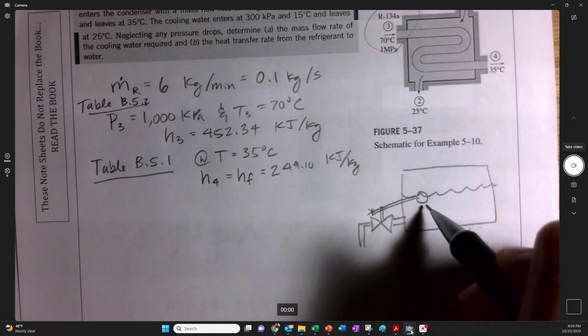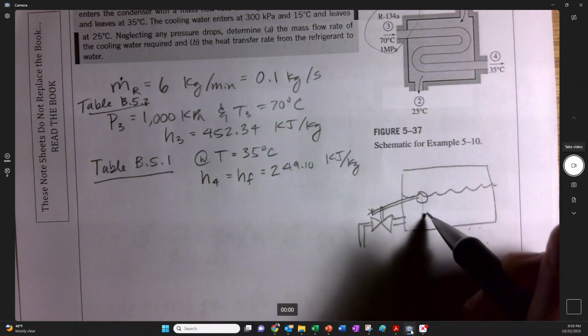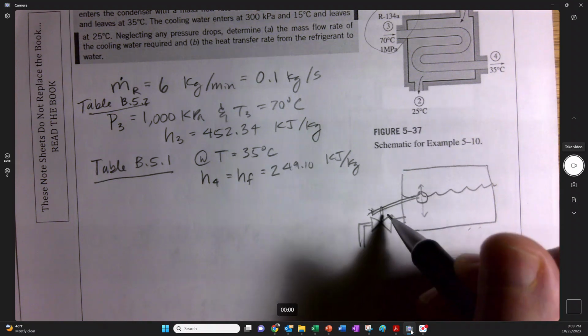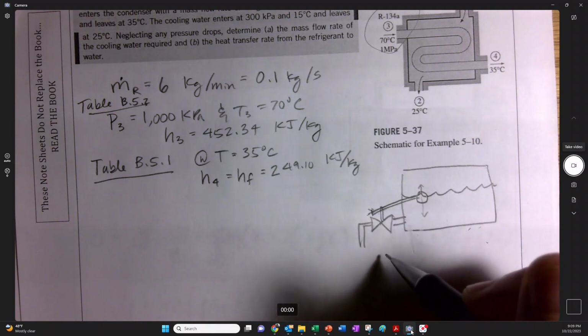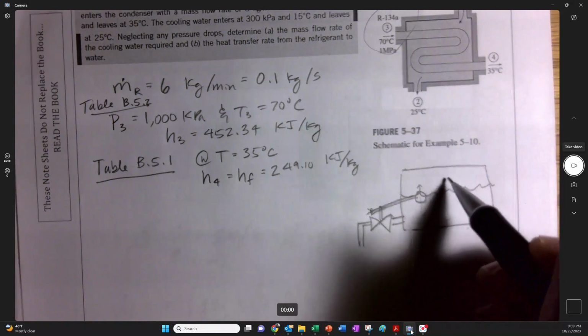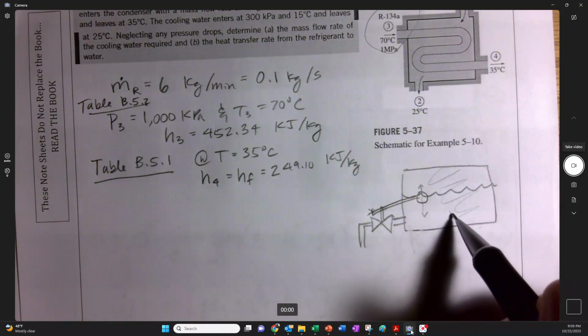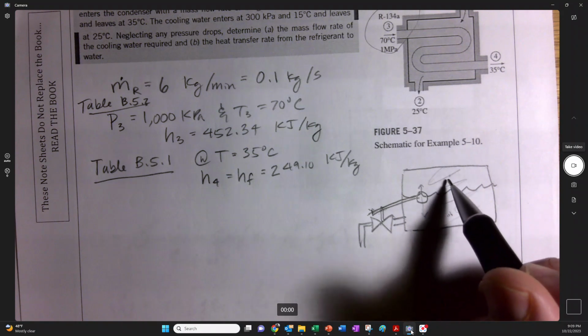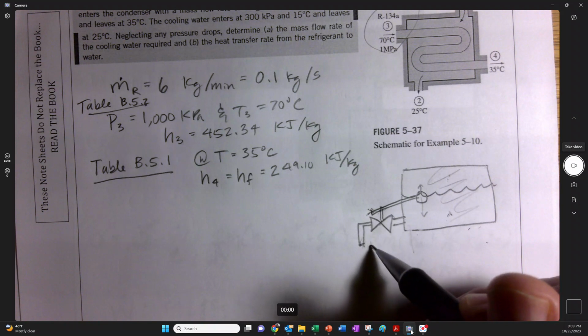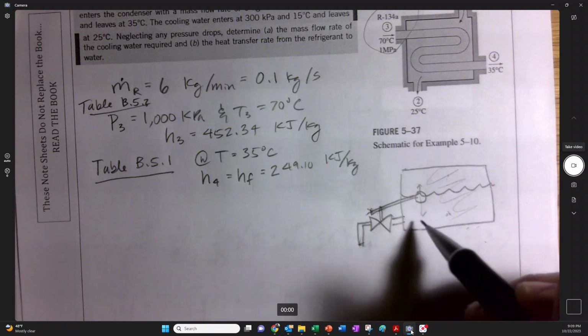If the float goes down, it shuts off the valve, but if it goes up, it opens the valve. And so what it does is always maintain a mixture of liquid and gas in a condensed state. So the only thing that will come out is the condensed state of this thing.